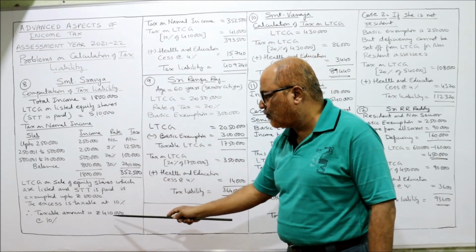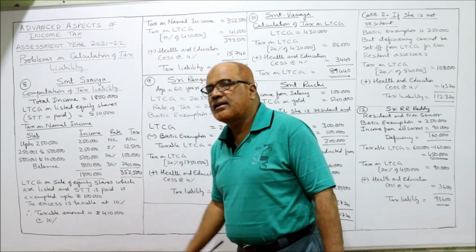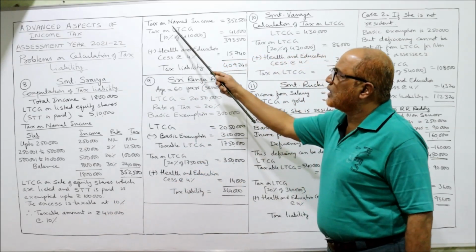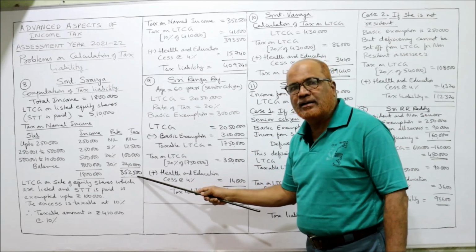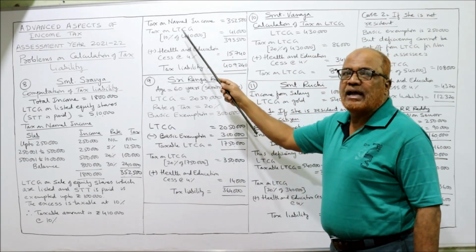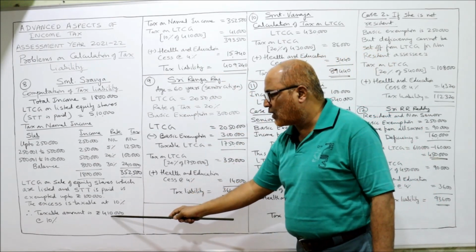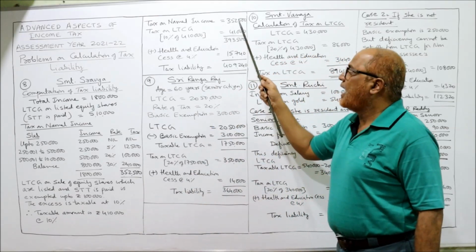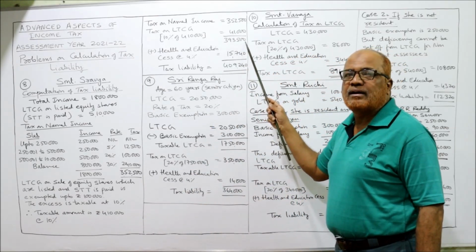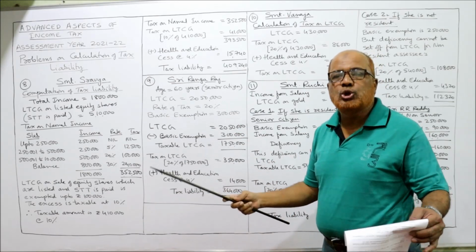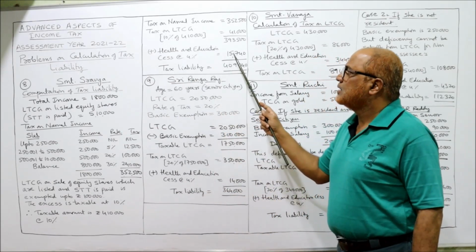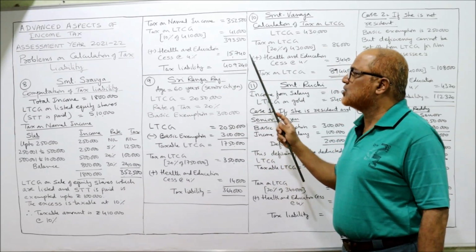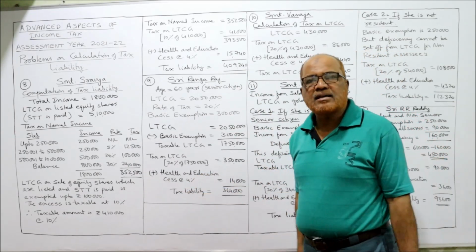Deduct 1 lakh and you get 4 lakh 10,000. This is taxable at 10%. Tax on normal income, already computed, is 3,52,500. To this add tax on LTCG, 10% of 4 lakh 10,000, which is 41,000. Adding both gives 3,93,500. To this you add, as usual, health and education cess at 4%. The tax liability is 4,09,240.